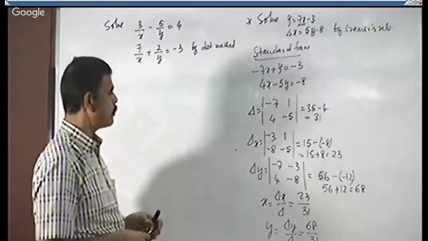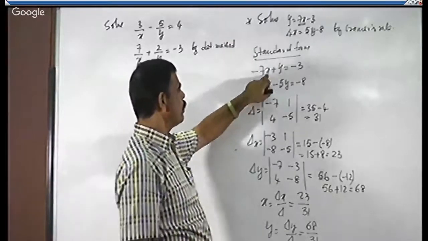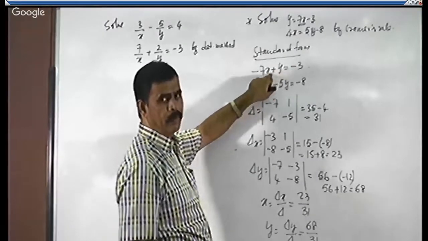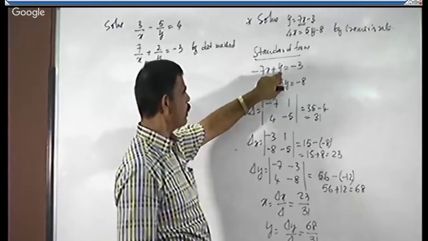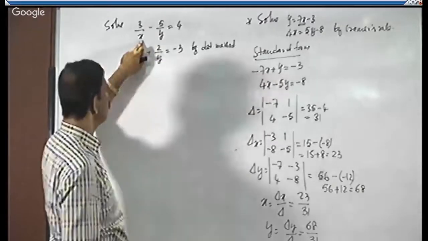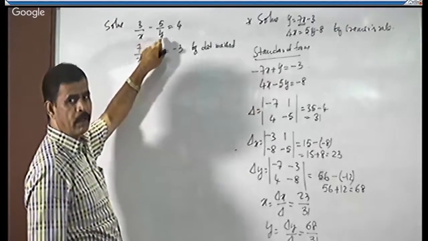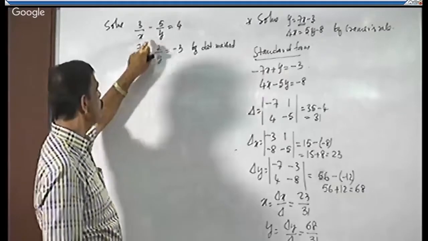In the last two problems, we saw that x, y will be given normally. But here in this problem, x and y will be given in the denominators, right?